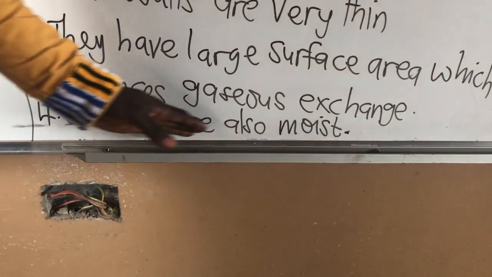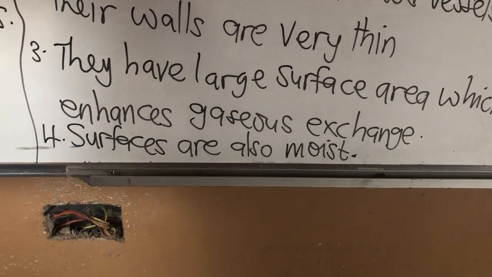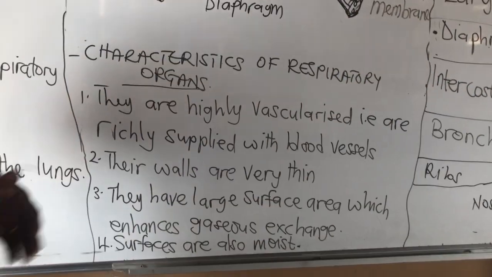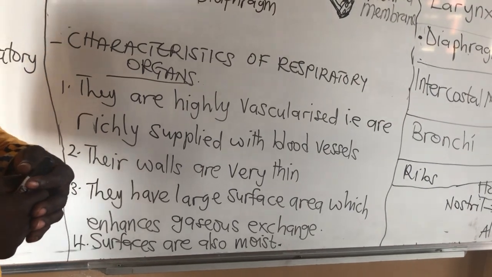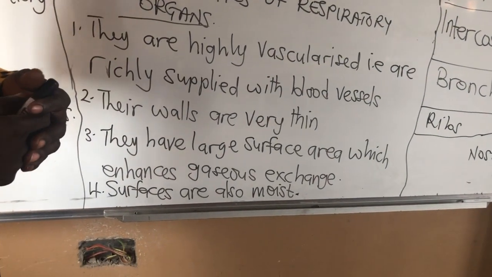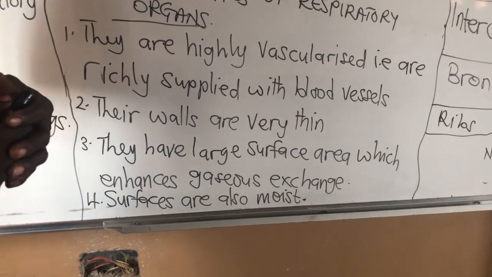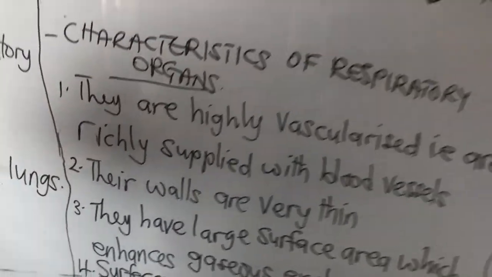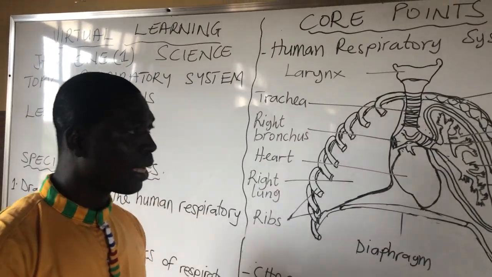The surfaces are also moist to facilitate the movement of the gases, which is the oxygen and the carbon dioxide. So these are the characteristics or the nature of the respiratory organs.